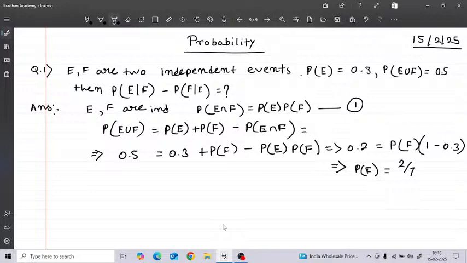Now going back to our question, we have to find E given F, subtract probability of F given E. Now what is the formula?